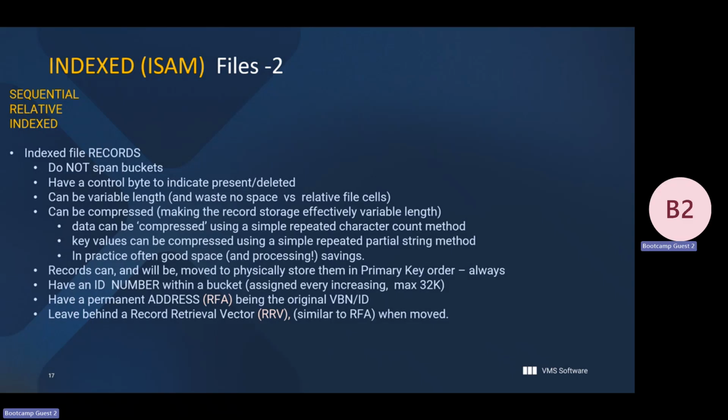Key values can be compressed with a simple repeated partial string method. So with Hein and Heuvel, I can say, okay, I can take the first 2 bytes from Hein and use them for the next key, which is Heuvel, but I don't need to store those 2 bytes. At the 2 byte level, that's not efficient.